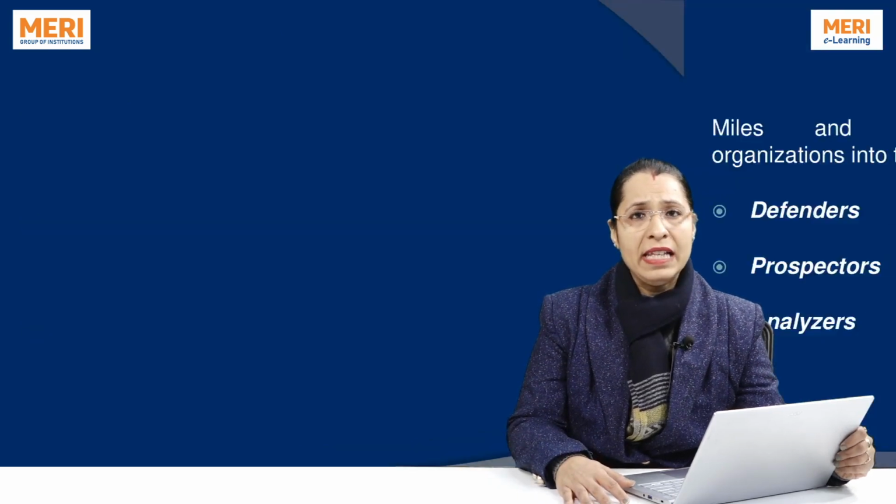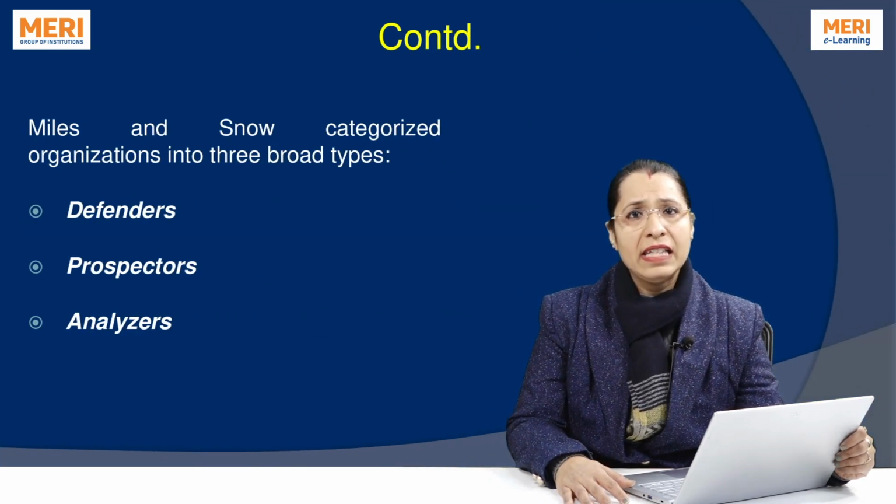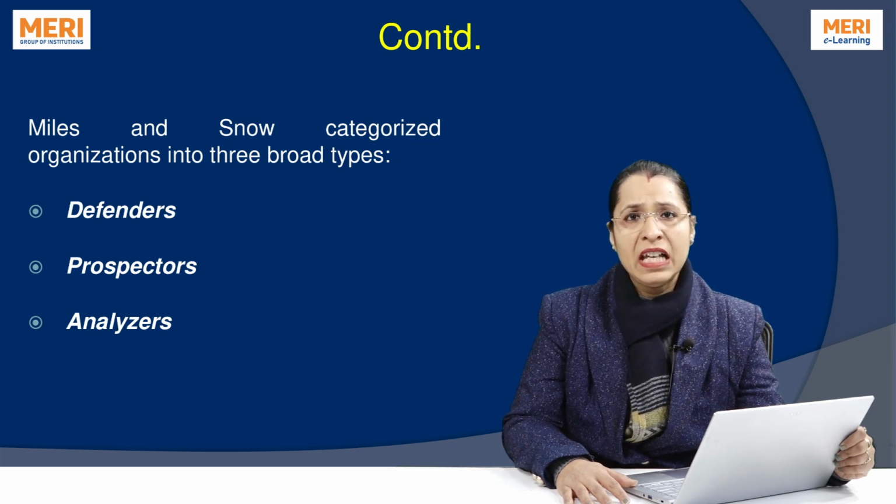Now, Miles and Snow categorize organizations into three broad types. That is, first, defender. These organizations are capital intensive with a narrow market scope. Their top management focuses on increasing the efficiency of the existing system rather than seeking extensive growth or innovation.